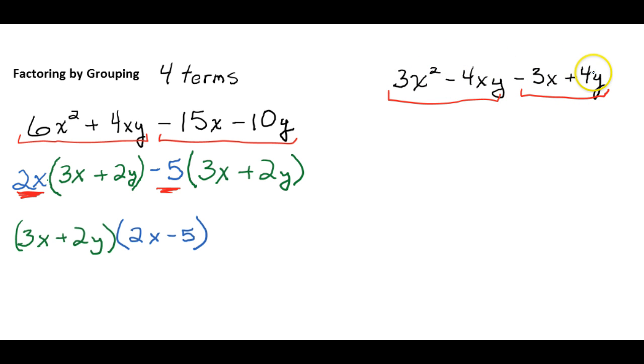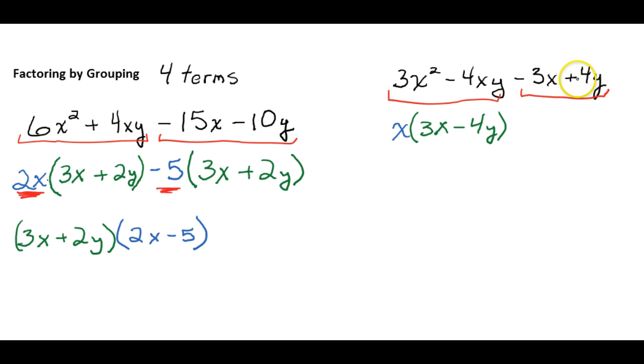So we actually have four terms, but the first two have a factor of x in common and a factor of 1. Every two numbers always has a factor of 1. So we actually have a 1x out in front, and our binomial that's left is 3x minus 4y. So that factor is a binomial factor, two terms.